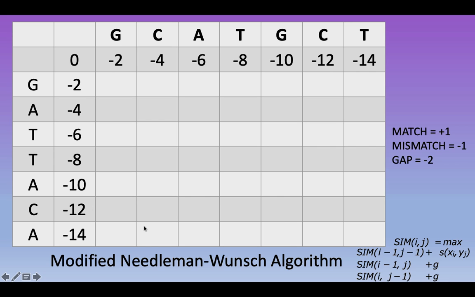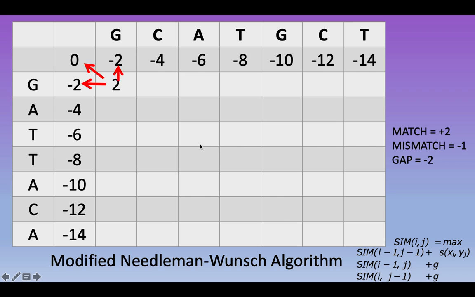The next thing I want to do is use this equation. It's going to say what goes in this value is the maximum of any of these 3. So if we think about how to calculate this similarity score, if i is the number of the row you're in and j is the number of the column you're in, and this is the row 0, column 0 position, and I move to the row 1, column 1 position, I'm going to look and say, hey, is this a match, right?